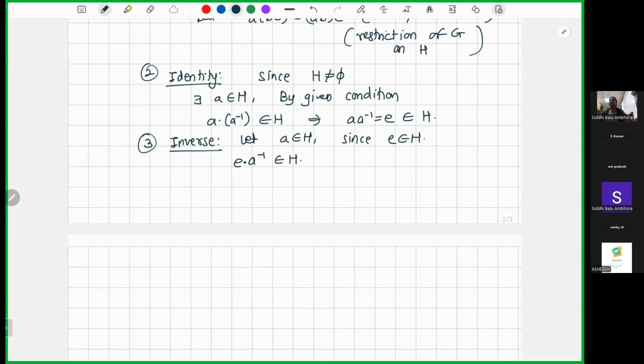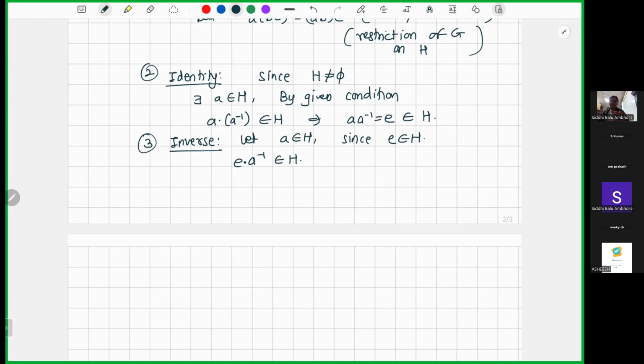When we talk about subgroup, the inverse which we have of a given element A in H is exactly equal to the inverse we have for A in group G. That's something we need to keep in mind.